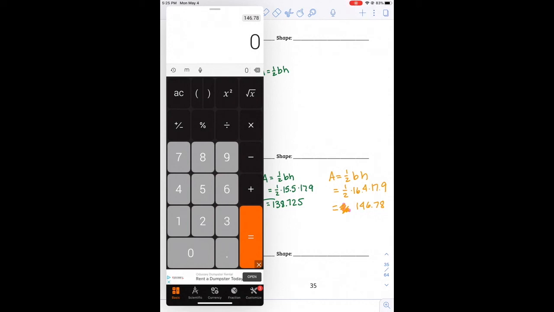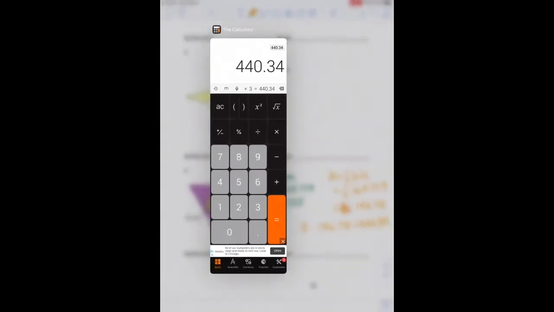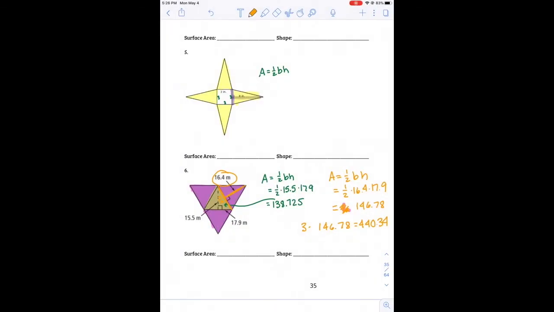So in order to find all 3 of the pink sides, I could just multiply that by 3. So 146.78 times 3 is, oh, I never wrote times 3. Okay, equals 440.34. Okay, so I have my orange shape and I have my 3 pink shapes all combined.